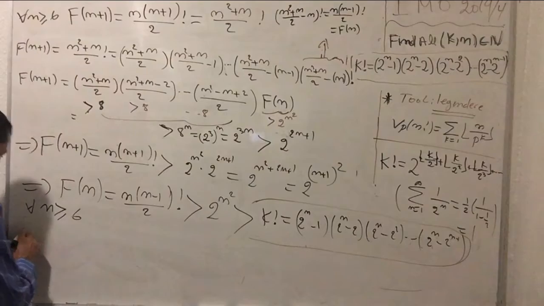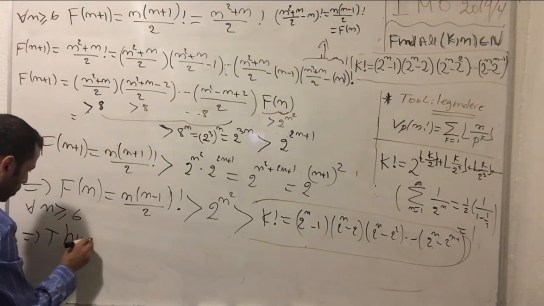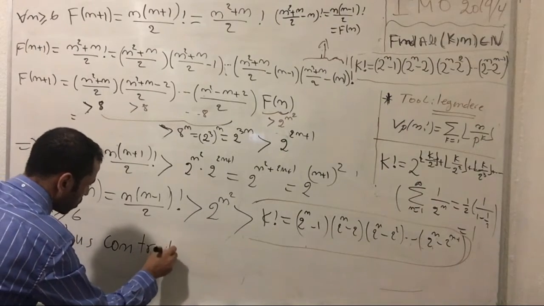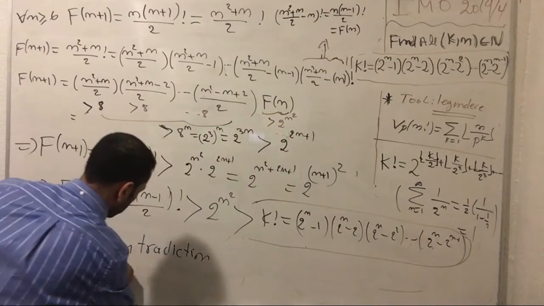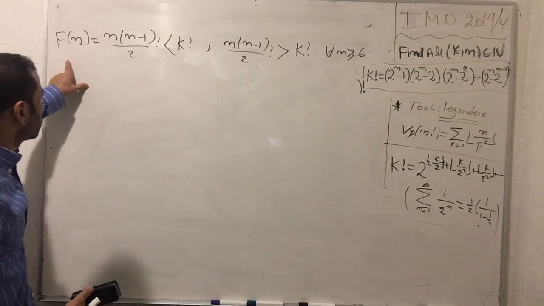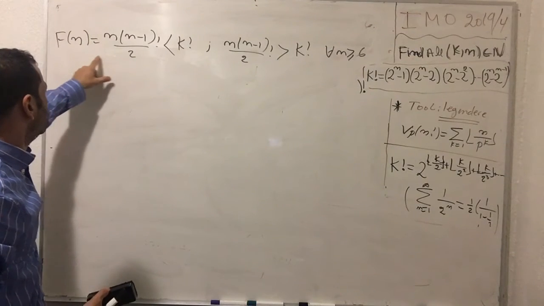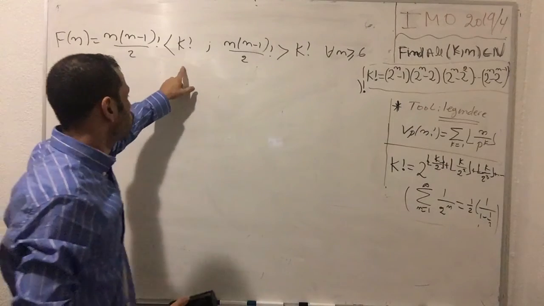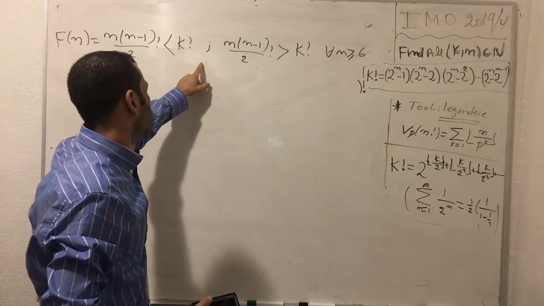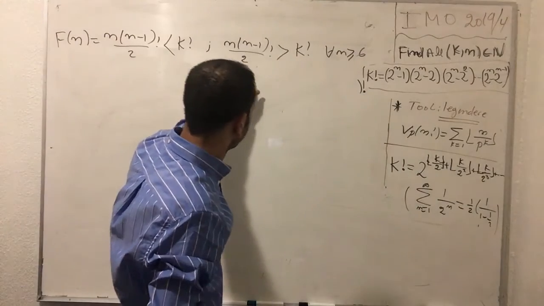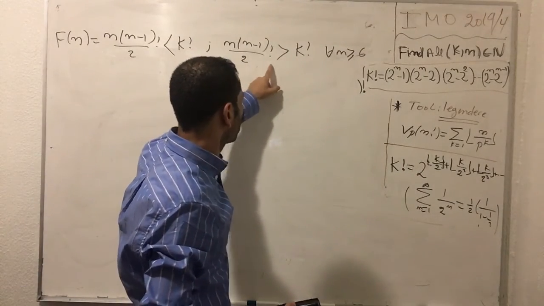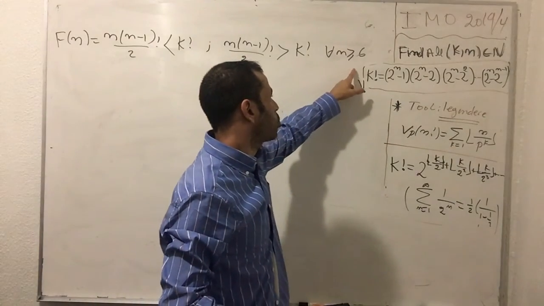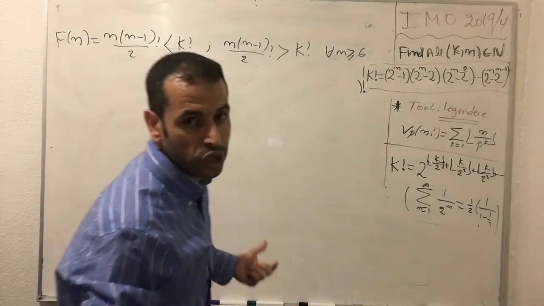Thus, a contradiction. We found the term n minus 1 over 2 factorial strictly inferior to k factorial. At the same time, we found the same term strictly superior to k factorial for all n superior or equal to 6, which is a contradiction.